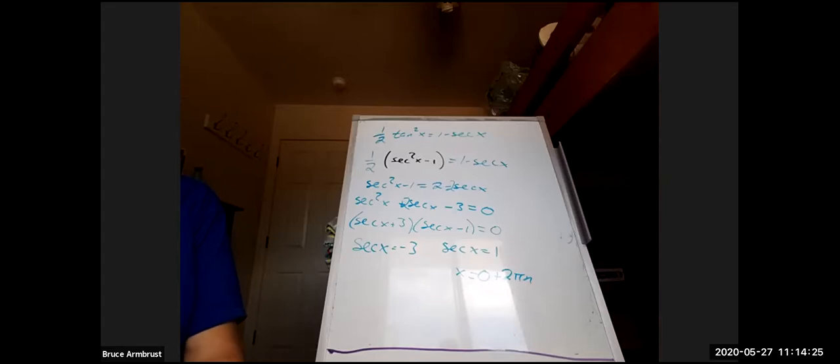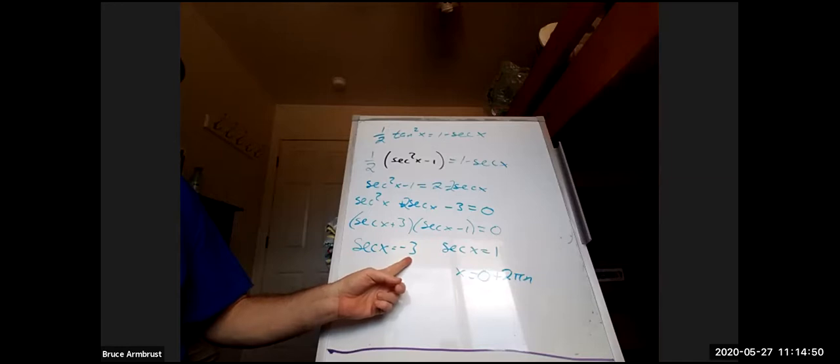Okay, so if you look at your chart, you will see that there is no place where secant is equal to minus 3. However, there is an angle where secant is equal to minus 3, because the values we get out of secant are from 1 to infinity and from minus infinity to minus 1. So this is in the range of secant.